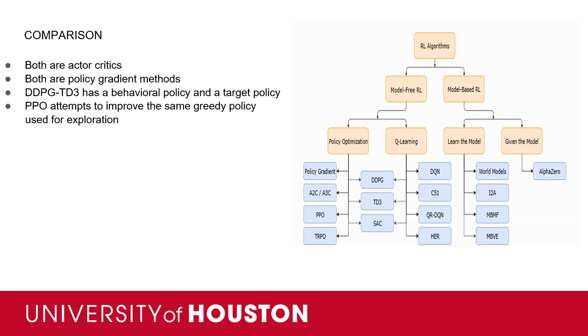So, the algorithms that we mentioned, both are actor-critic. Both are policy gradient methods, both the DDPG, TD3 and the PPO. PPO attempts to improve the same greedy policy used for exploration, so it's an on-policy algorithm. The DDPG and the improvement, the TD3, has a behavioral policy and a target policy.